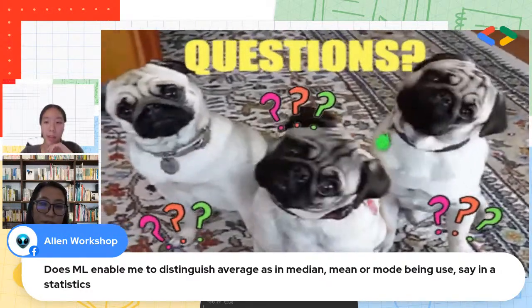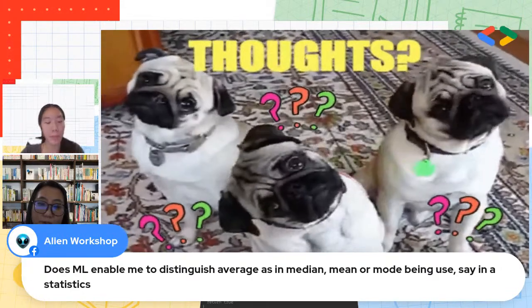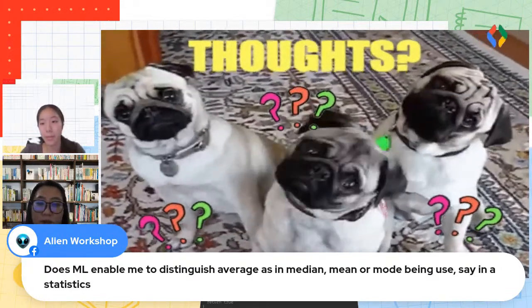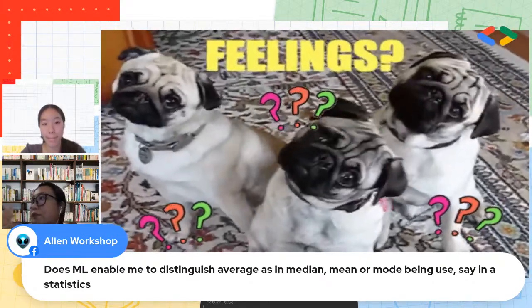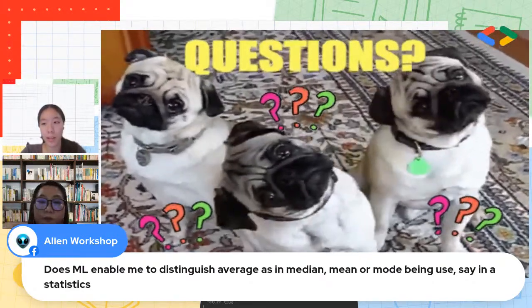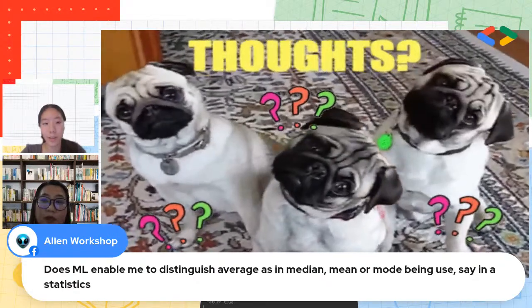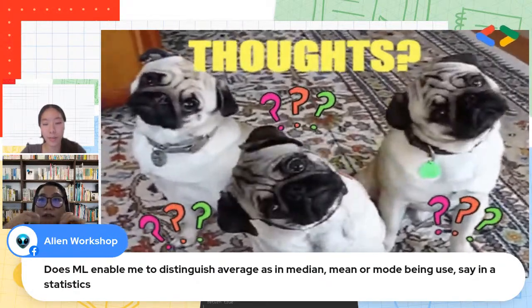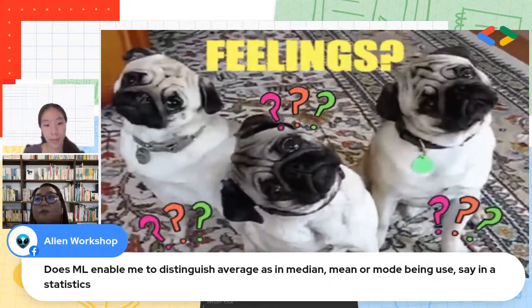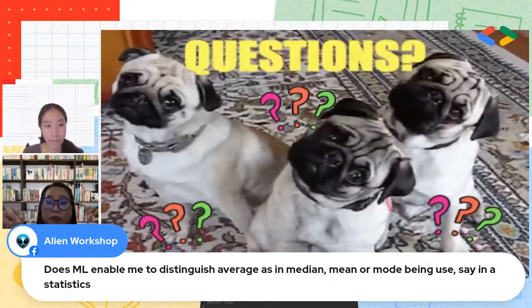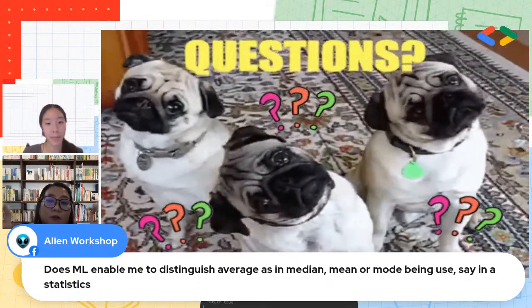I think it depends on what your objective is, or what you are trying to interpret from all these values. In some cases, it could be more or less the same thing, or it could be totally different. You should only use, let's say, the median, but not the mean or the mode.